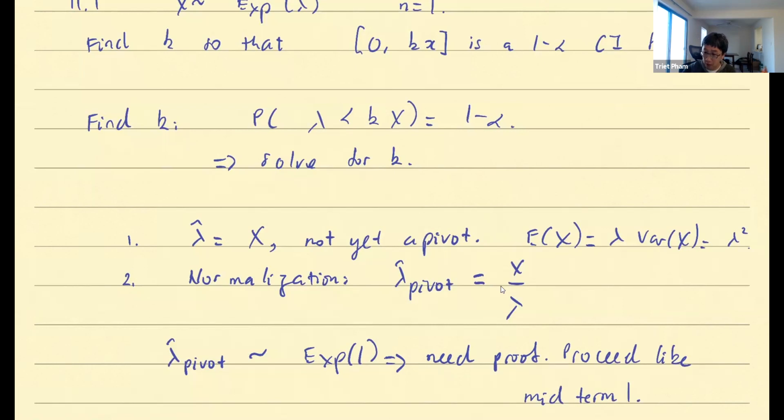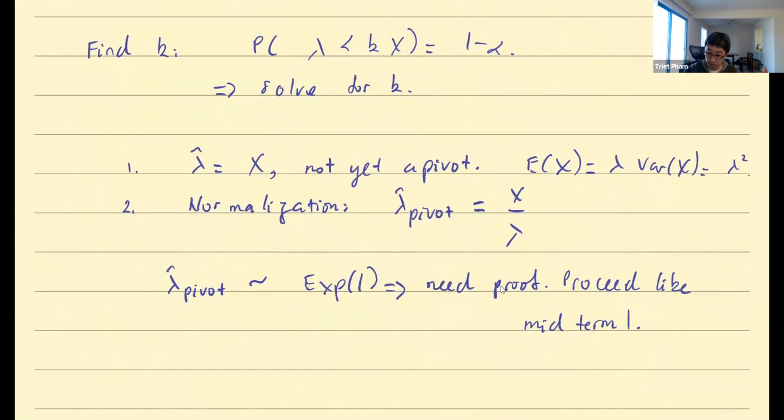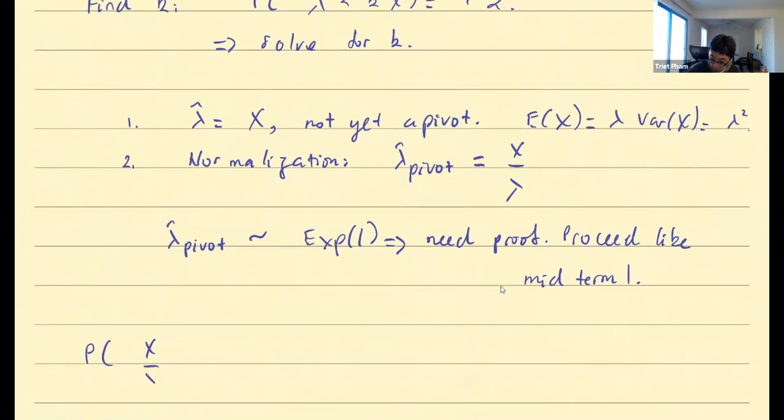But if you look at the solution to 1A of midterm 1, that's how you do it. It's very simple. It's just a change of variable in your PDF, right? Okay, let me show you. You want to prove the probability that x over lambda is less than or equal to x, because that's the CDF of this random variable.